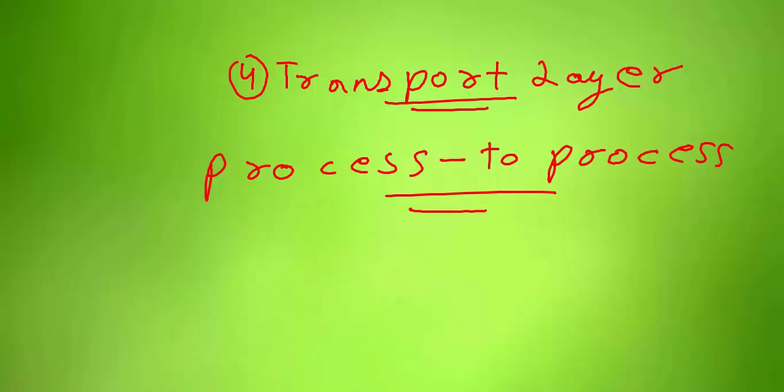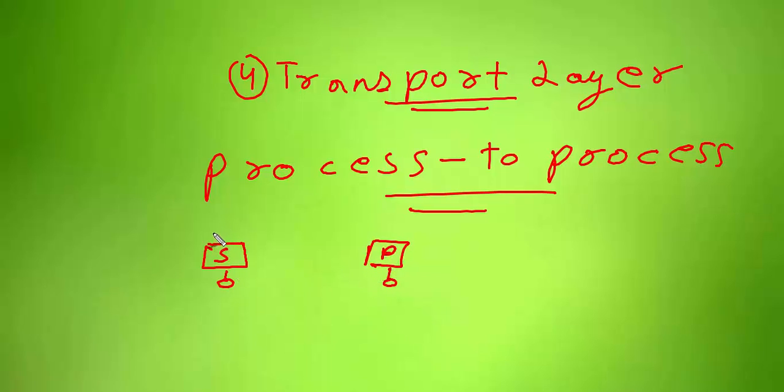We talked about the network layer. The job of the network layer is machine to machine, which means source to destination. This is our source and this is our destination.